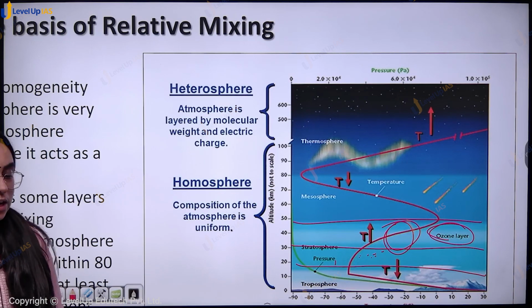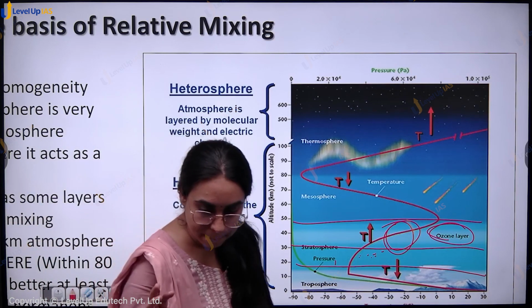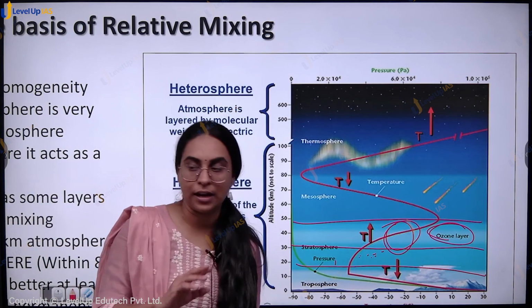Okay, please write. Where are we? Yeah, the layering on the basis of temperature pattern you wrote, the heating and cooling mechanism लिखा हो? हाँ, the heating mechanism of the earth.